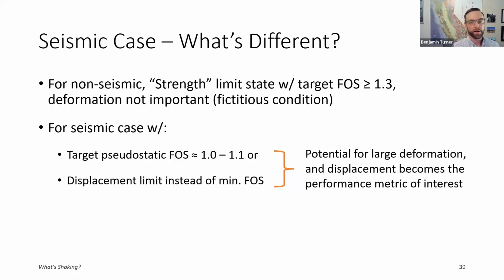If we have a seismically induced strength loss like liquefaction and a lateral spreading type mechanism, or a flow failure or cyclic softening, we might see very large displacement when we have mobilized the resistances that we're looking for from either our geomaterials or structural. And also the displacement itself has maybe become the performance metric of interest. So we can no longer say that deformation is not important.